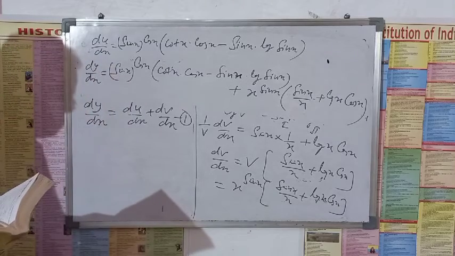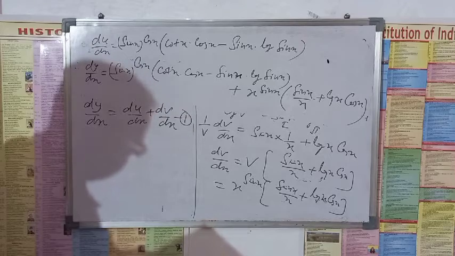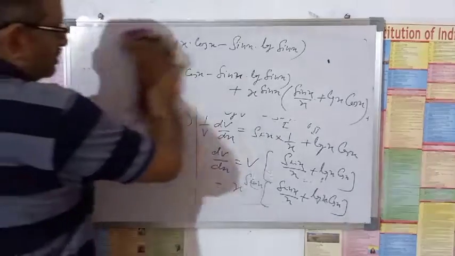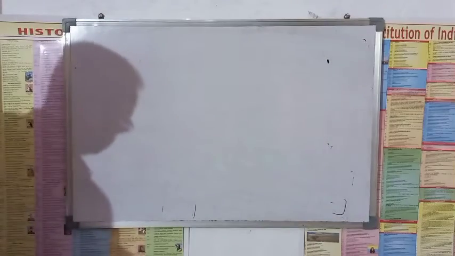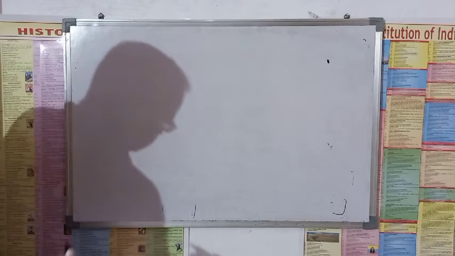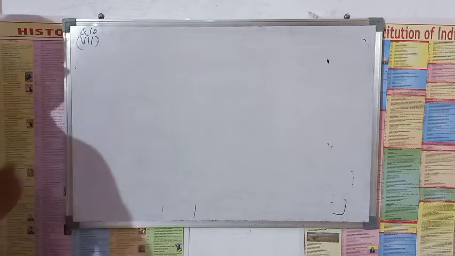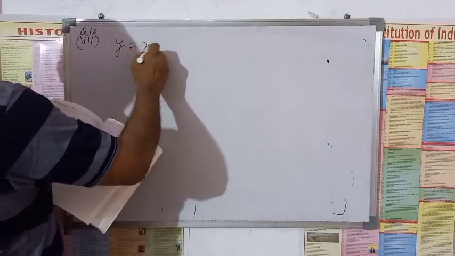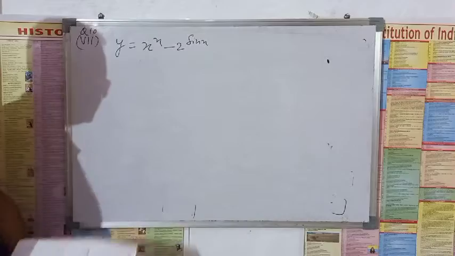Let us see one more question from question number 10, seventh part. We can suppose here x to the power x minus 2 to the power sin x.